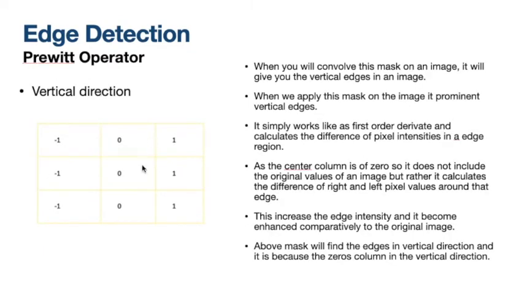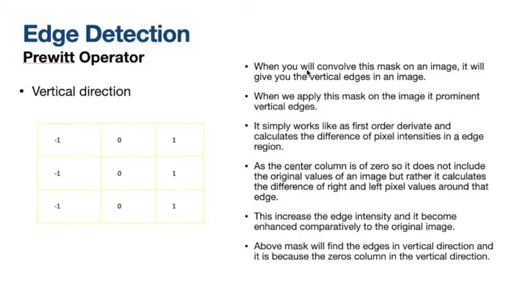The first one is the vertical direction. This is the mask: -1 0 1, -1 0 1, -1 0 1. This is the mask for detecting the vertical edges, or the edges in the vertical direction.